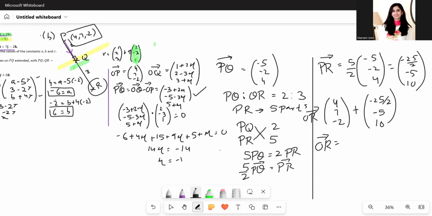I'm adding the coordinate of P, which is OP, to PR, which gives me OR. All right, so when we add these together, we get (negative 17 by 2, 2, and 8). And that is the position vector of R. We write that in ijk form.